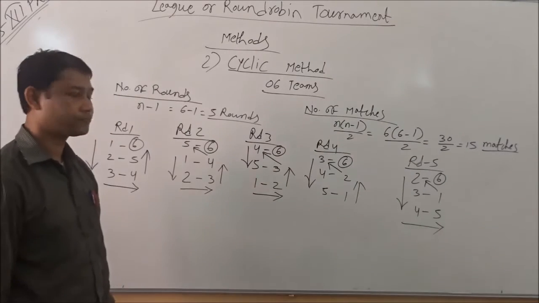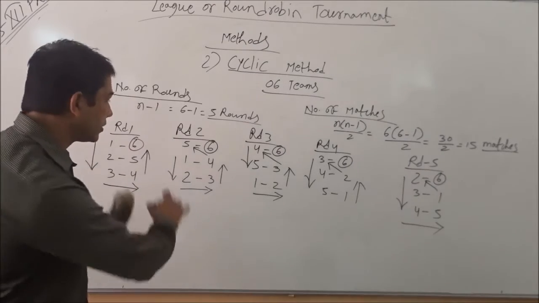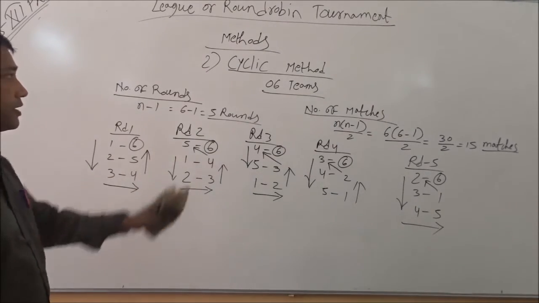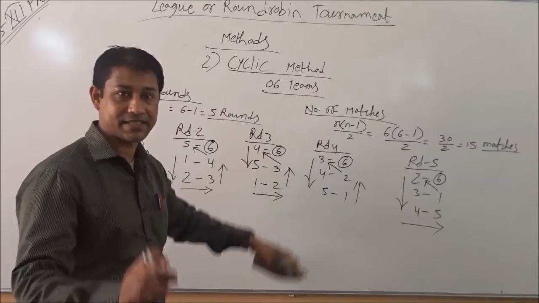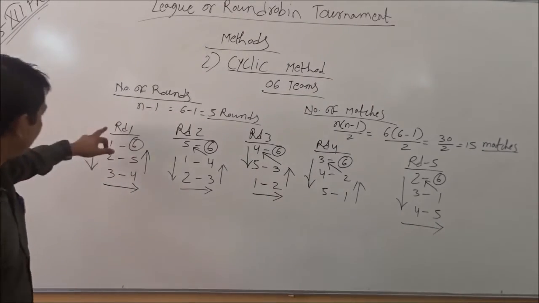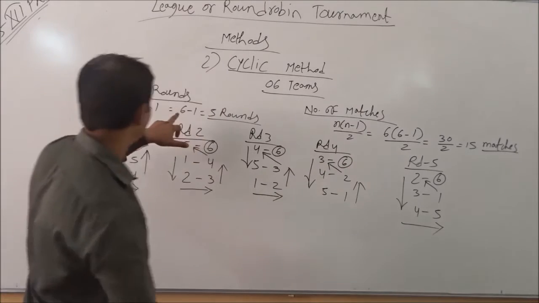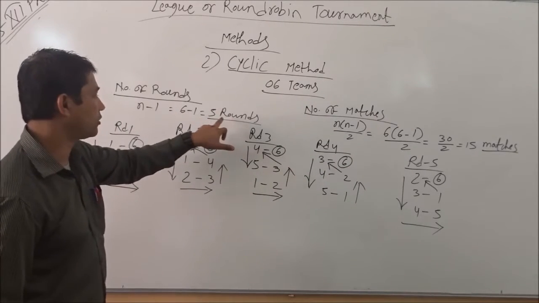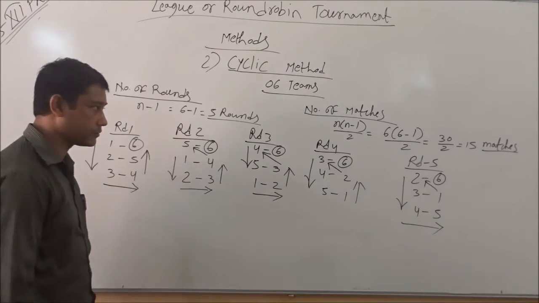Just see. This is an example of cyclic method where 6 teams are participating. You can find there are 5 rounds. According to formula also there have to be 5 rounds.